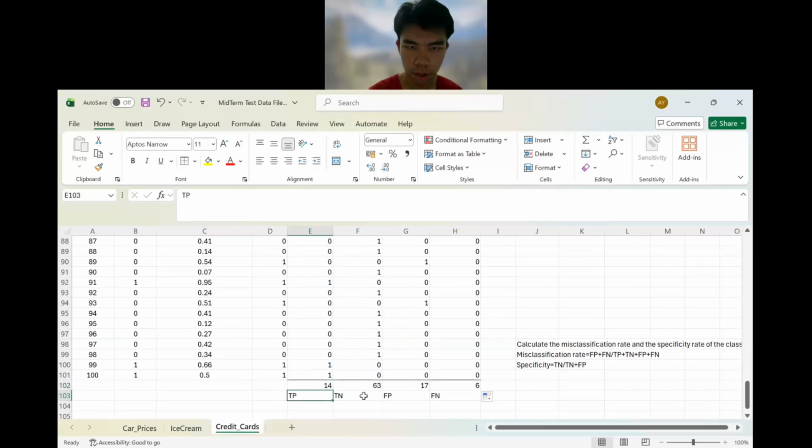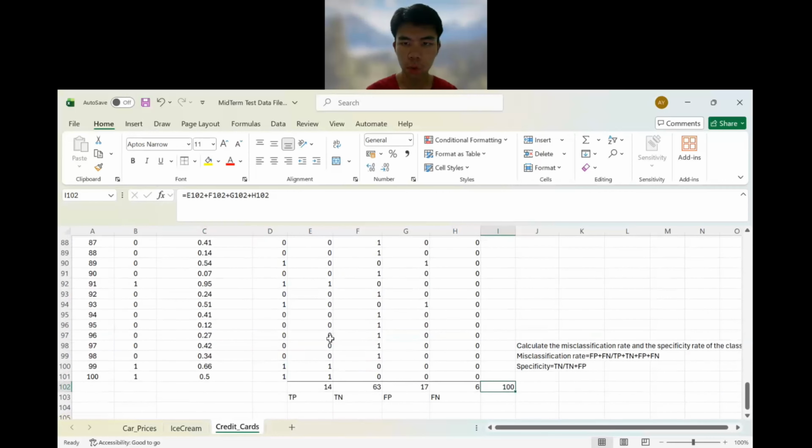True positive is 14, true negative is 63, false positive is 17, and the last one, false negative, is 6. If we add all of these, we get 100, which matches the 100 customers in the data set.